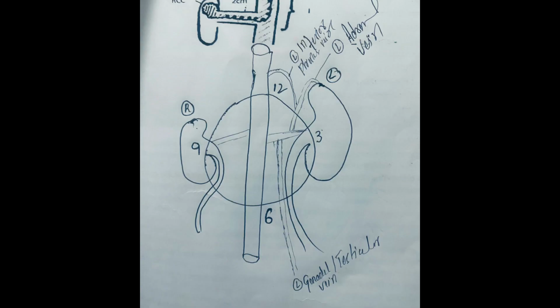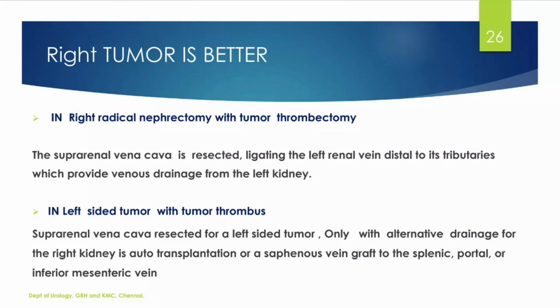Now if the tumor is on the right side and we want to go for tumor thrombectomy, the suprarenal vena cava is resected, and we will ligate the left renal vein distal to its tributary, which will provide the venous drainage from the left kidney. So if the tumor is on the right side, we will ligate the suprarenal vena cava, and we will also ligate the left renal vein distal to the tributary.